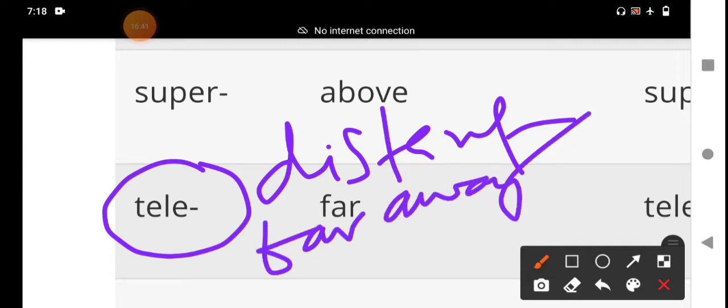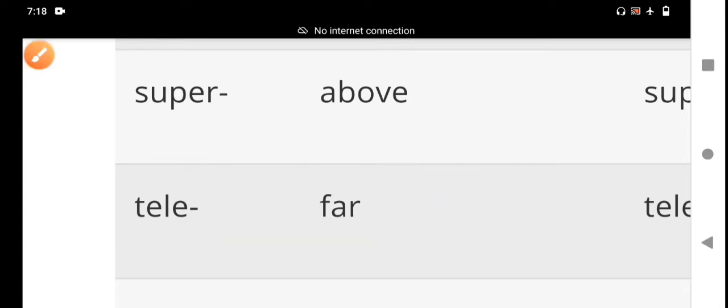For example, television, seeing distant things, distant objects. Telephone, sound from far away. Telescope, a device for looking at a distant object.